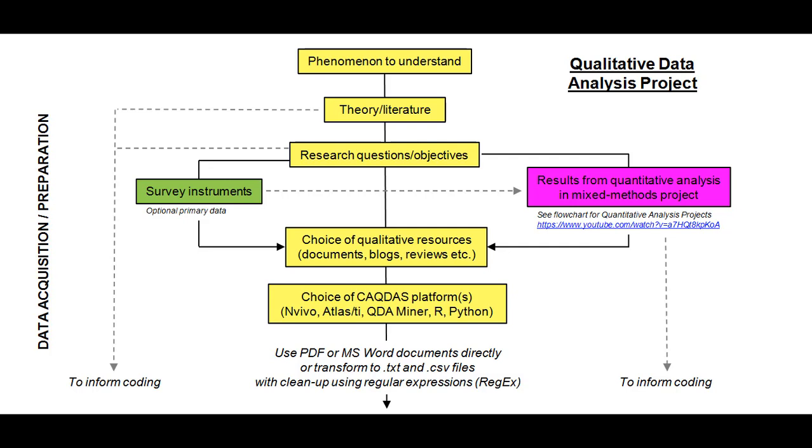There are other software options out there. Depending on the platform and task, you can either use PDF and Microsoft Word documents direct, or you may need to convert these to text and/or CSV files for more effective use of the range of tools available.